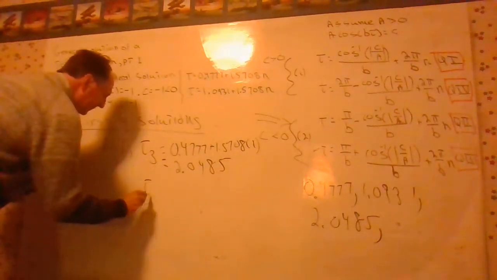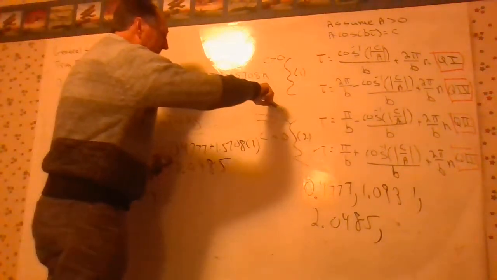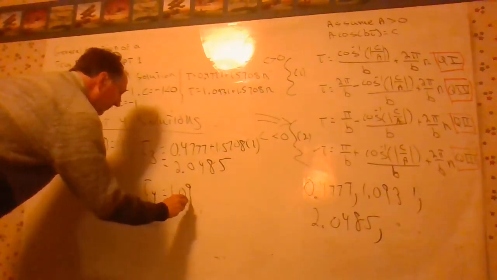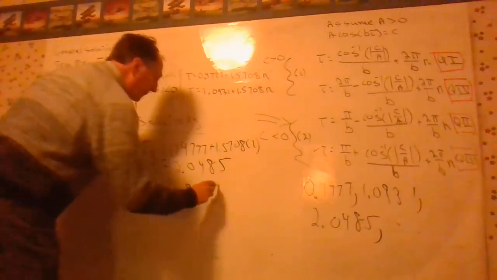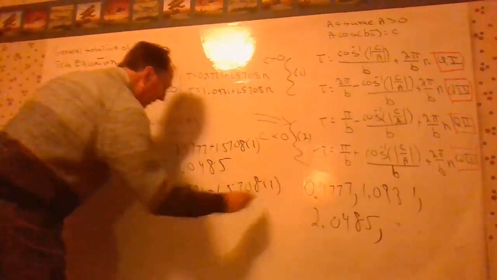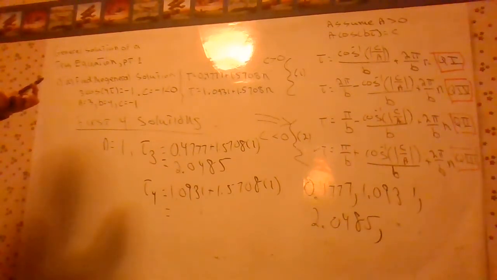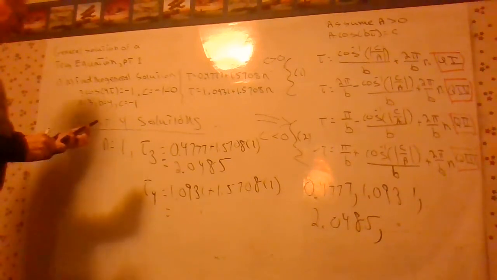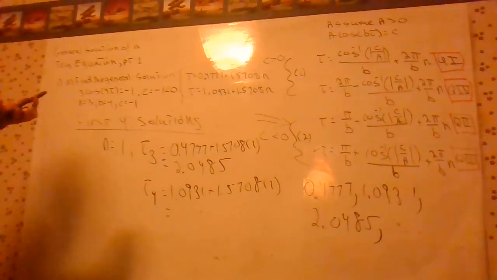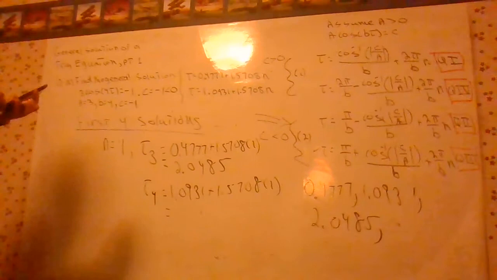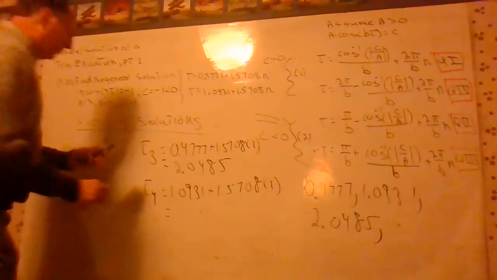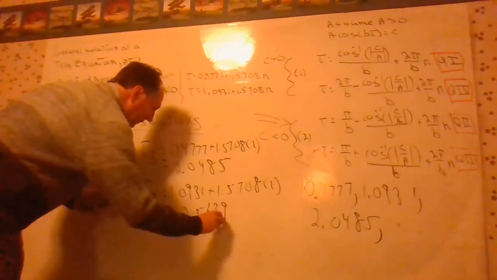And then we have T4, we want to put n equals 1 right in here: 1.0931 plus 1.5708 times 1, and we can calculate that, 1.0931 plus 1.5708. And I got 2.5639.